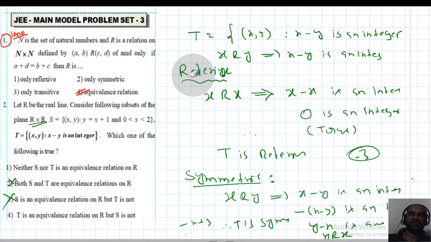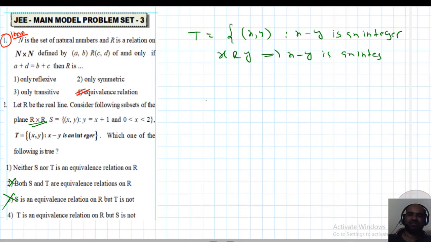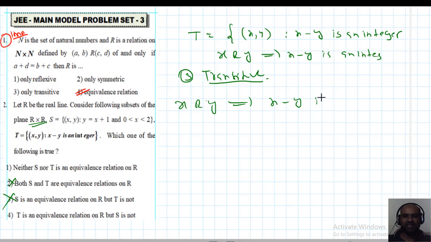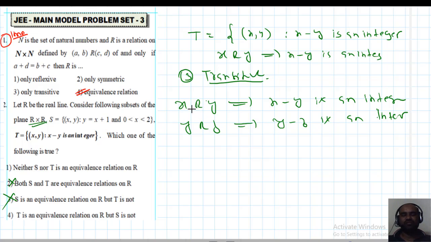Now we check for transitive. x related to y implies x minus y is an integer. y related to z implies y minus z is an integer. Here it is important: an integer added to another integer is also an integer, and subtraction also gives an integer. Now I want to add these two results.